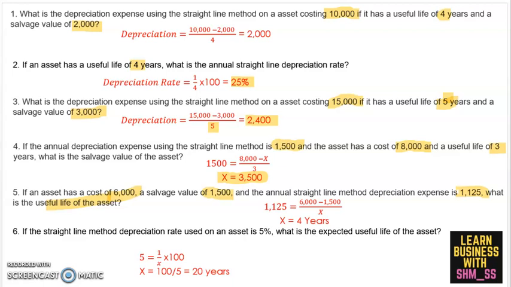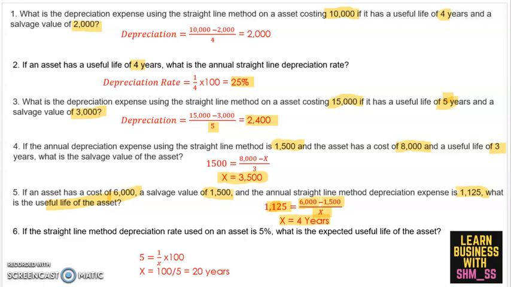In the useful life position, we put x to identify the useful life. So depreciation is 1,125, cost is 6,000, minus 1,500 is the salvage value, divided by x, the useful life. Then make x the subject of this equation and we find that 4 years is the useful life of the asset.